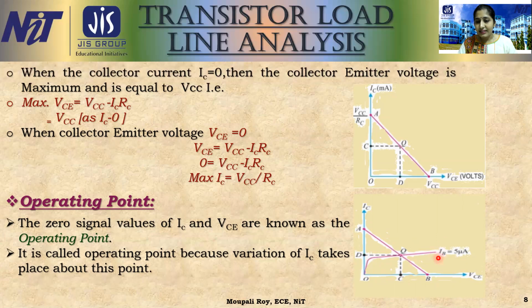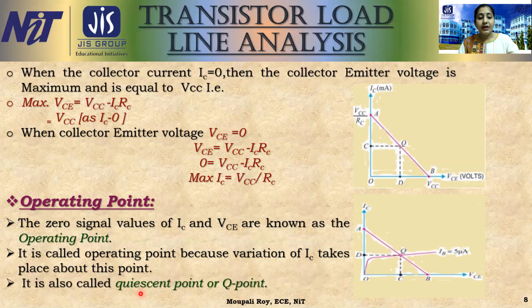If we change the value of IB, then we get various curves. In which point it cuts, that is called the operating point. That means the point where the output characteristic curve crosses the DC load line is called the operating point, or Q point, or quiescent point. It is also called the quiescent point or Q point.